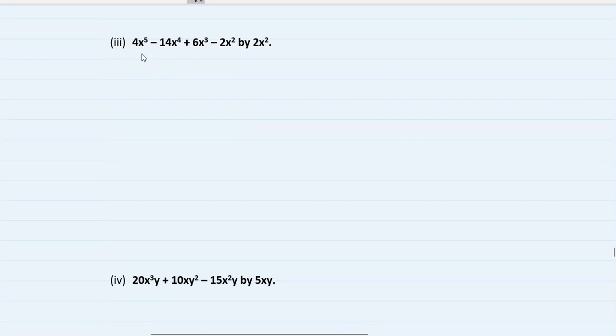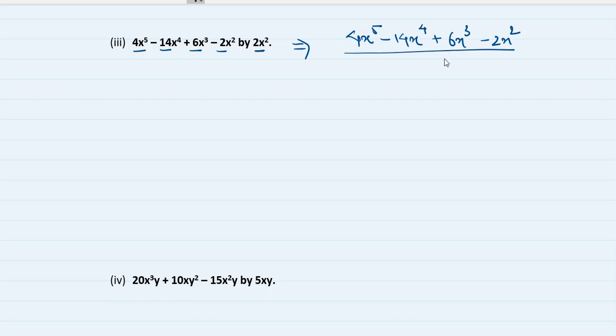Okay, what about this? Here there are 1, 2, 3, 4 terms, and here there is just a single term. How would you divide them? It's easy. What do you get over here? 4x raised to 5 minus 14x raised to 4 plus 6x cube minus 2x square, the whole divided by 2x square.